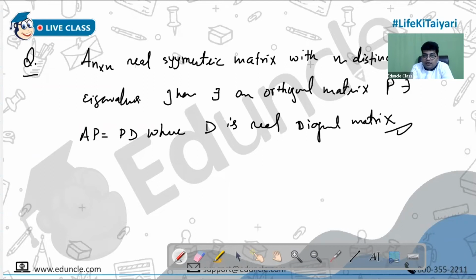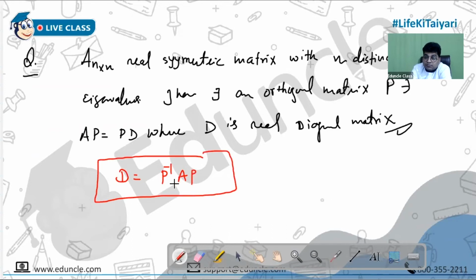Yes. Why? Because a symmetric matrix is always diagonalizable. If it is diagonalizable, it can be written as P inverse A P. This P is a matrix formed from eigenvectors, and eigenvectors are orthogonal. Yes or no?